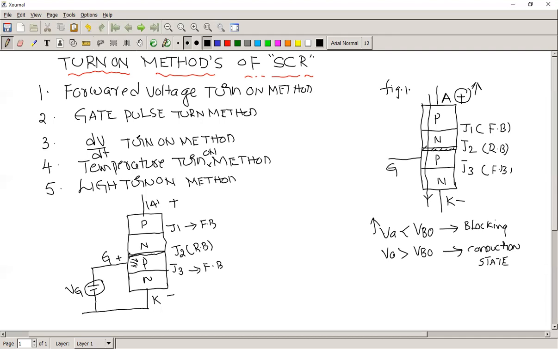The width of junction J2 is inversely proportional to the charge carriers around the junction J2. So whenever we apply the gate voltage, it injects charge carriers so that junction J2 vanishes.